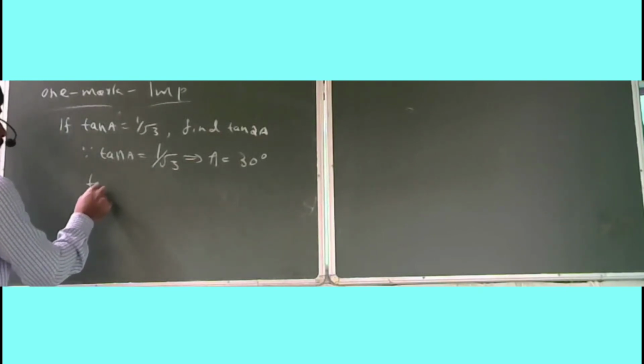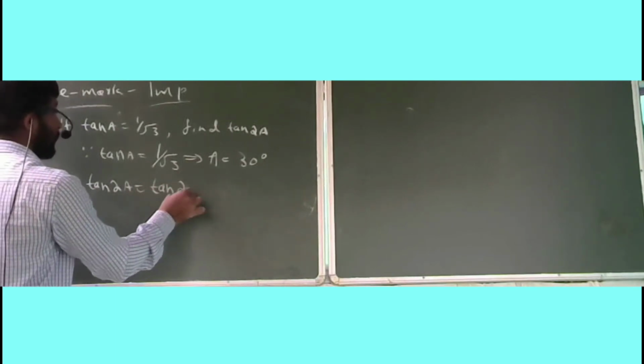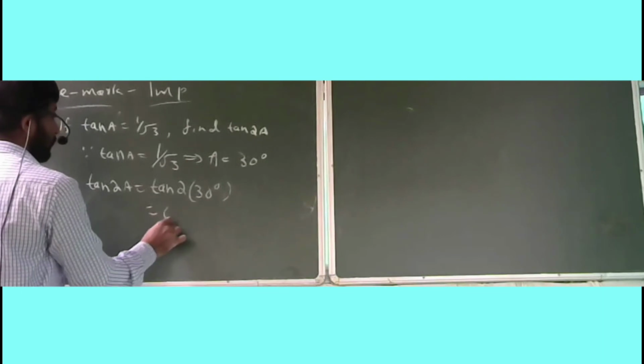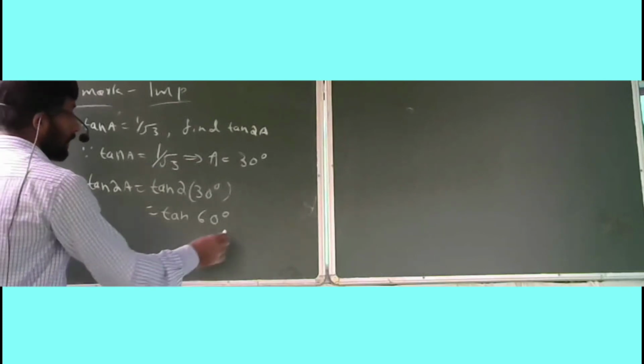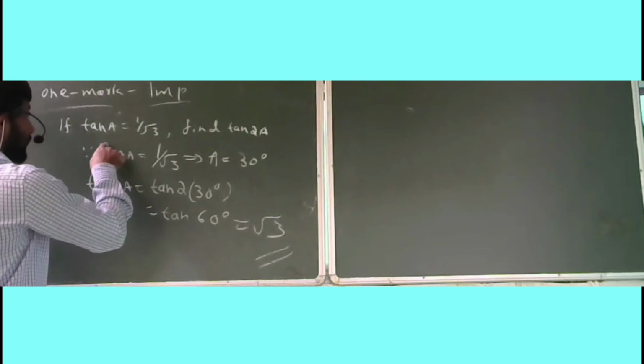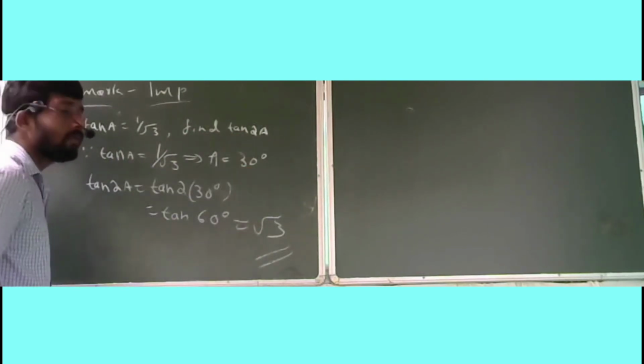Question is tan 2A. It's equal to tan 2 into what's the value of A? A value equal to 30 degree. It's equal to tan 2 into 30 degree, tan 60 degree. What's the value of tan 60 degree? Tan 60 degree is equal to root 3. Therefore, if tan A equal to 1 by root 3, tan 2A is equal to root 3.